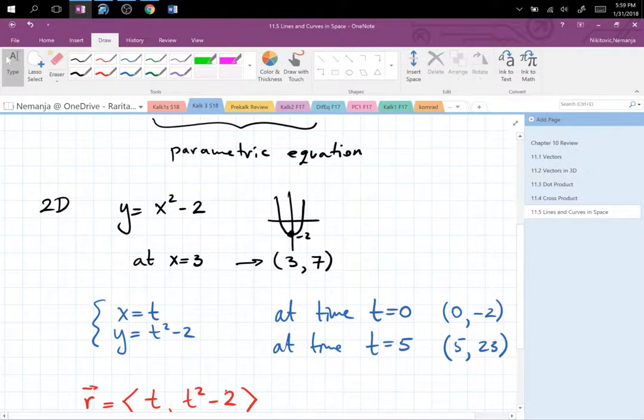And it actually gives us the orientation, which tells us that this parabola flows from left to right as t increases from negative numbers to positive numbers. So that's the upgrade, because you are still obtaining all of the points that you want, but you are getting an extra piece of information, which is orientation.